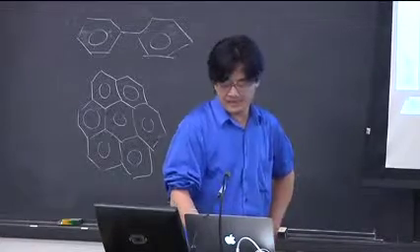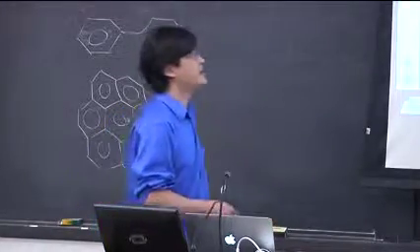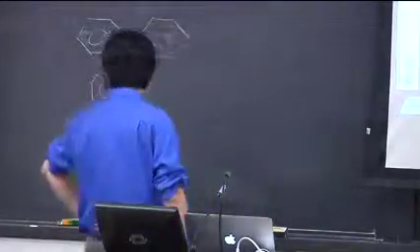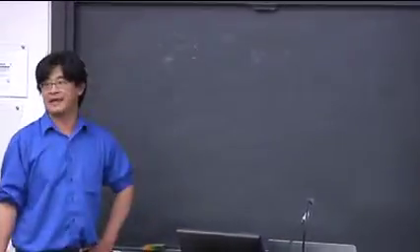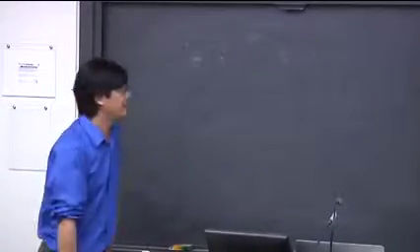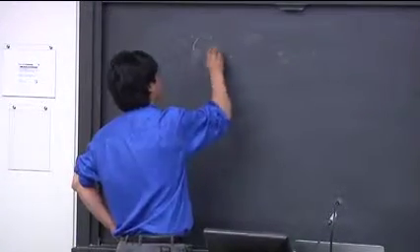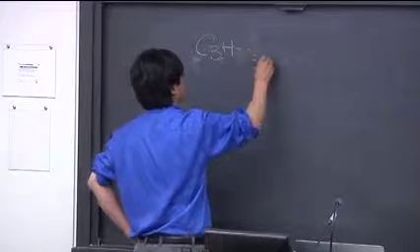The other contributions come from something called a resonantly stabilized radical. Okay? For example, the propargyl radical. Again, let me now give you a rule of thumb for hydrocarbon radicals that can be more stable than other free radicals. All right. C3H3 is known as the propargyl radical.